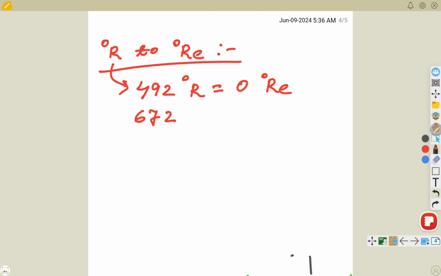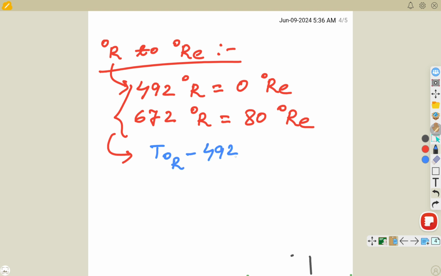The upper limit, that is the boiling point of water in the Rankine scale, is 672, which is equal to 80 in Reaumur scale. So we can do the conversion, with the difference (672 minus 492).